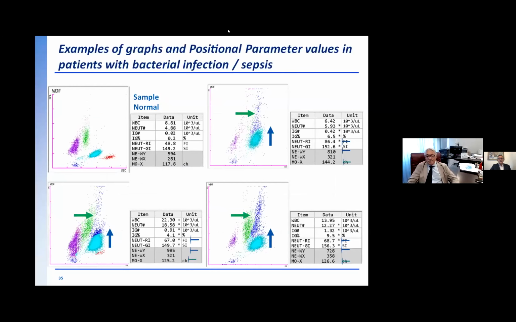This is the comparison with cytograms, the reactive intensity values in sepsis patients 77 as against normal values, which is at around 48.8.